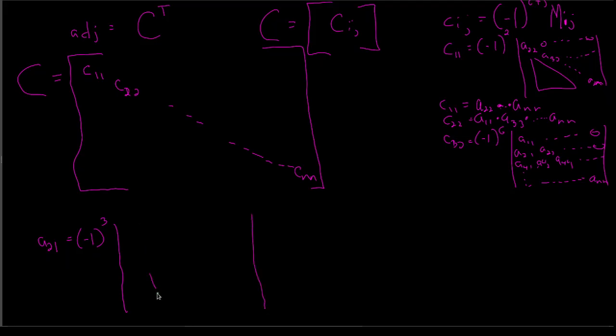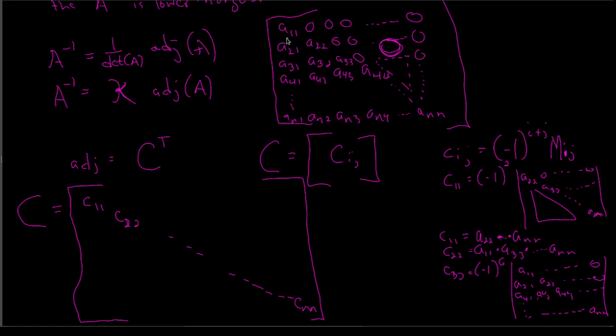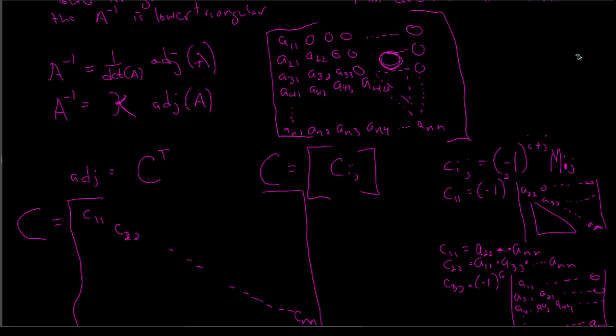So I don't have the first column, and I don't have the second row. So my first element is going to be a 0, where the A is. Because if we come back here, in our cofactor we're going to block out the first column and the second row. And so my first element's going to be a 0, and then zeros all the way over.